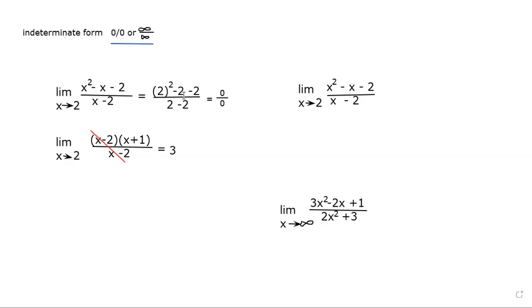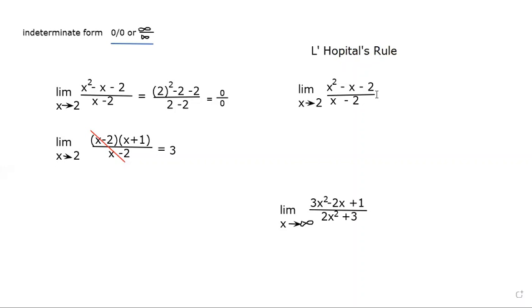Now, we want to use another term. This is called L'Hopital's rule. Here, you can see we have the same problem.